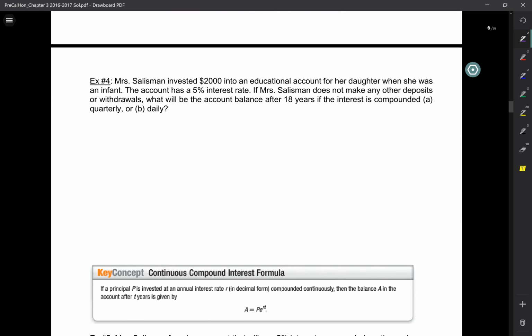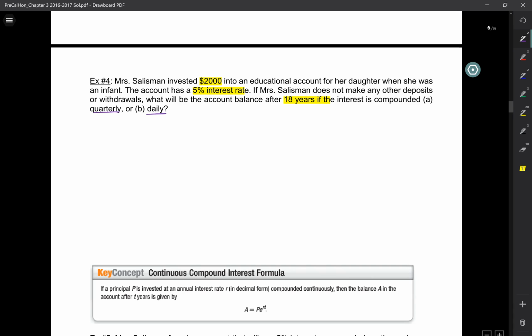Well, here we've got Mrs. Salzman, lovely lady, who invests $2,000 into an educational account for her daughter when she is an infant. The account has a 5% interest rate. If she does not make any other deposits or withdrawals, what will be the account balance after 18 years if interest is compounded quarterly or daily?